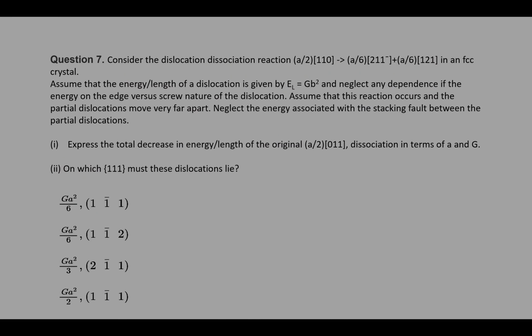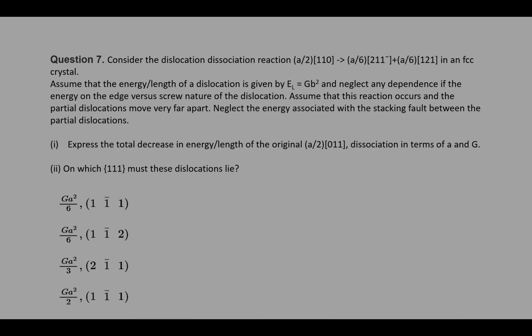Now we'll consider question number 7 here. They're asking: consider the dislocation dissociation reaction a by 2 <110> is written as a by 6 <211> bar plus a by 6 <121> in an FCC crystal.